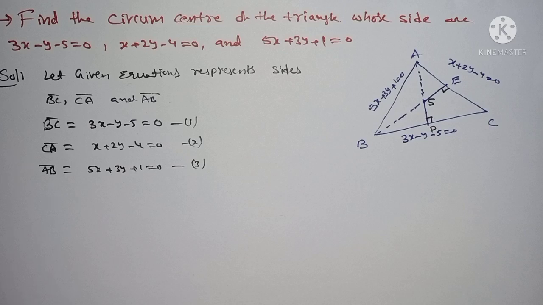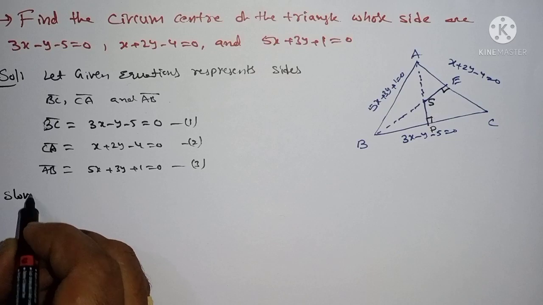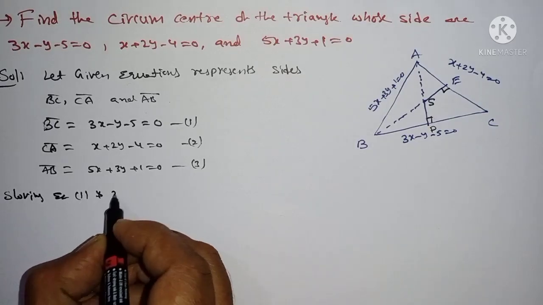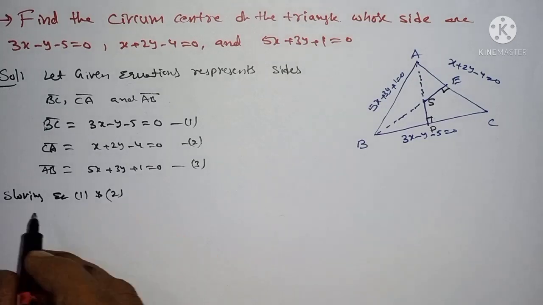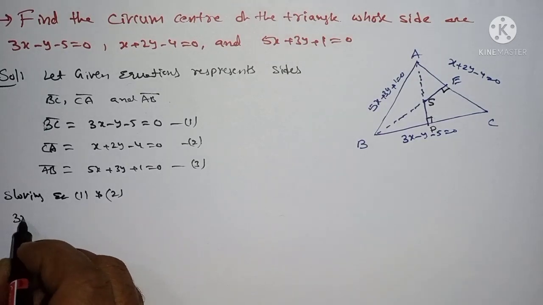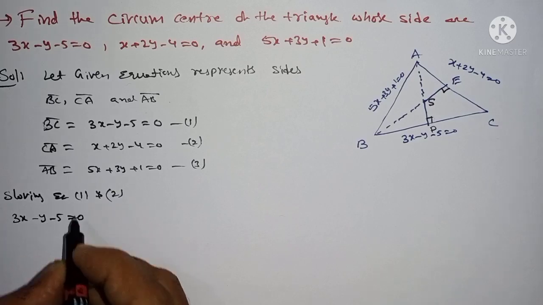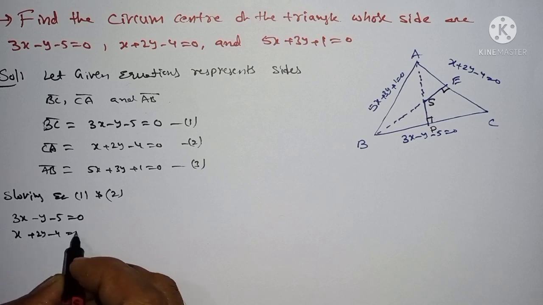First you can find the vertices. Therefore, solving equation 1 and 2. How can you solve equations 1 and 2? You can write the first equation, 3x minus y minus 4 is equal to 0, and x plus 2y minus 4 is equal to 0.